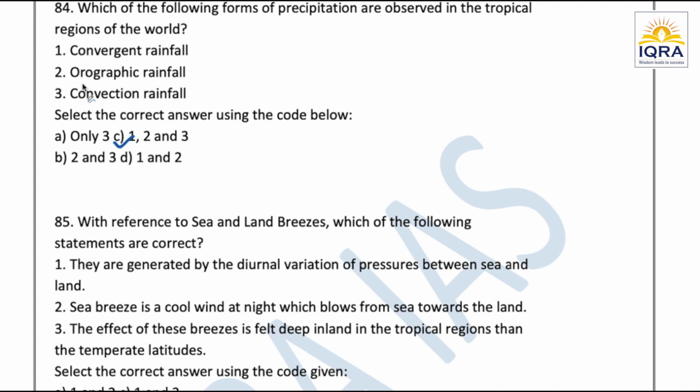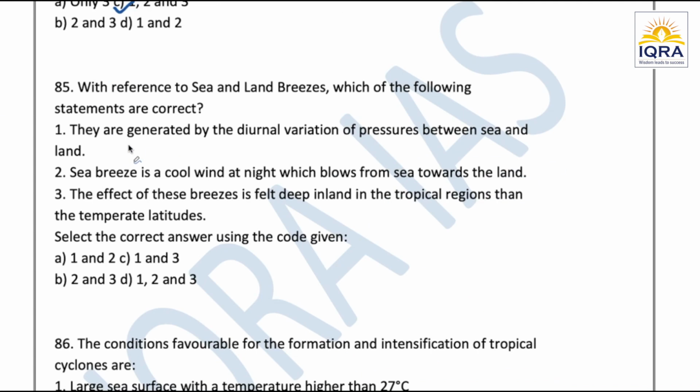Orographic rainfall में when the saturated air mass comes across a mountain, it is forced to rise and it is called orographic rainfall. Convection rainfall में, here what happens, the air on getting heated becomes light and it rises in convection current. Alright, so all the options are correct for this question.